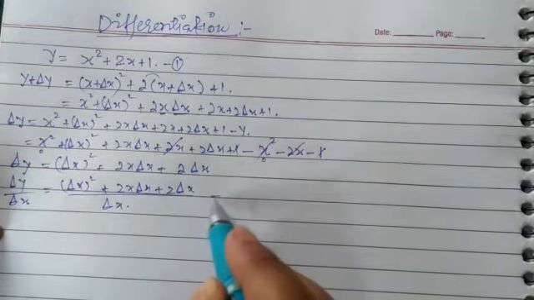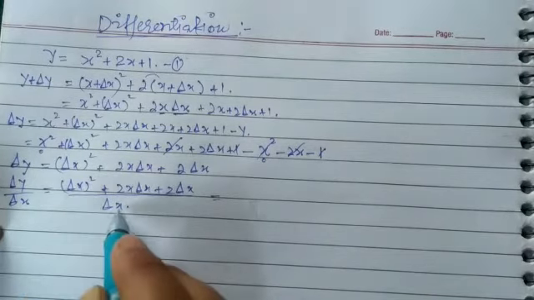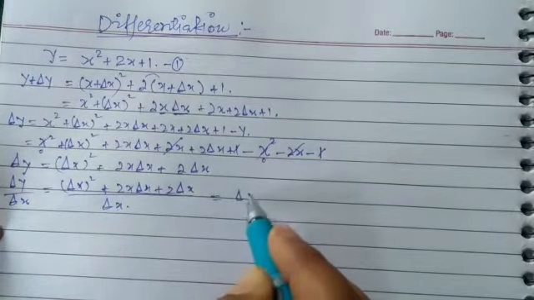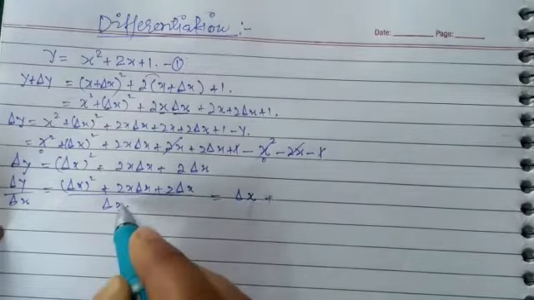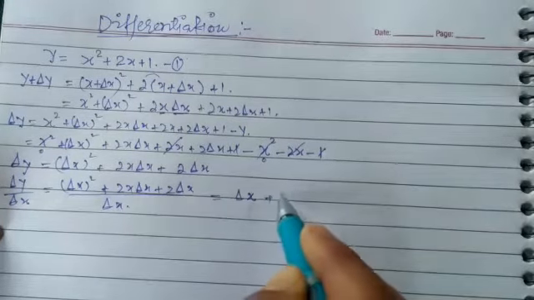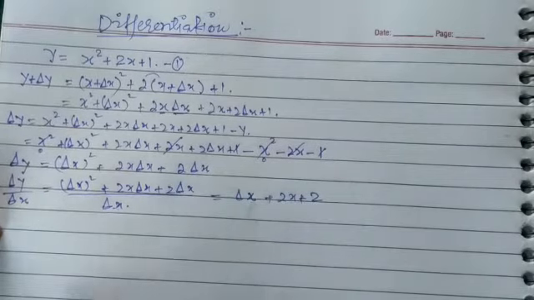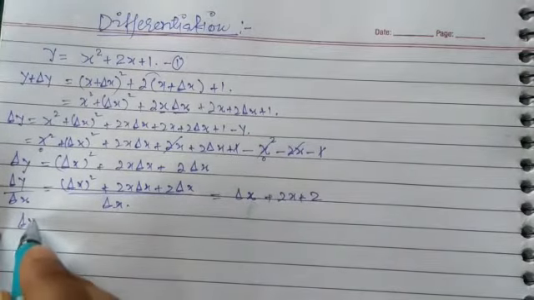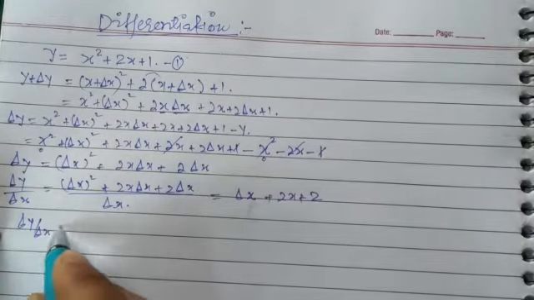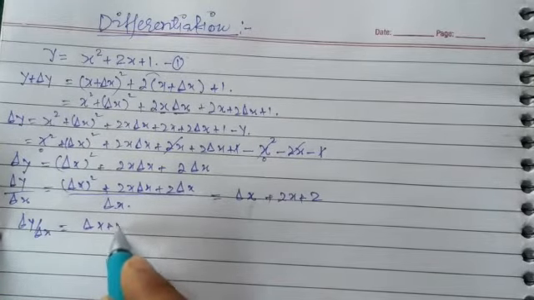One delta x leaves, and in the other terms delta x and delta x leave, so we get delta y by delta x equals delta x plus 2x plus 2.